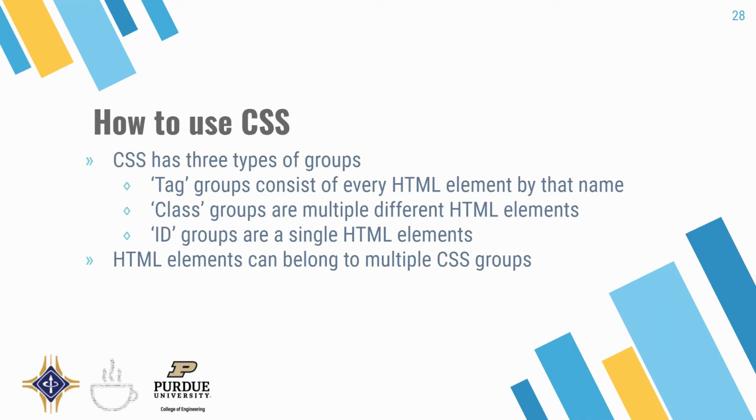And like I mentioned, right, HTML elements can belong to multiple CSS groups. Maybe you define a tag group and a class group and an ID group and assign those three values to one specific element. That's perfectly fine, actually very commonly used, since you maybe want to style things in very particular manners using these sorts of rules.